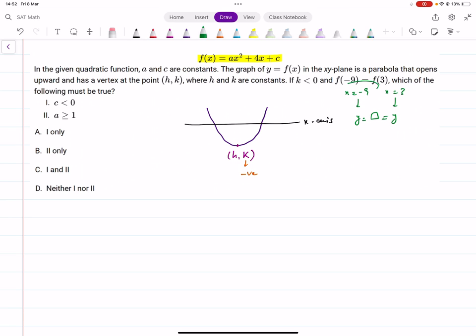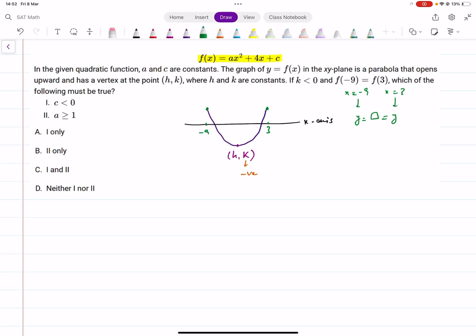That's what they're saying. So if, for instance, we had -9 here, and then we had perhaps 3 here, the y value is the same for both of them.